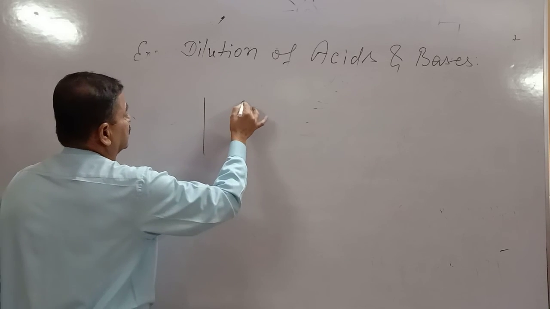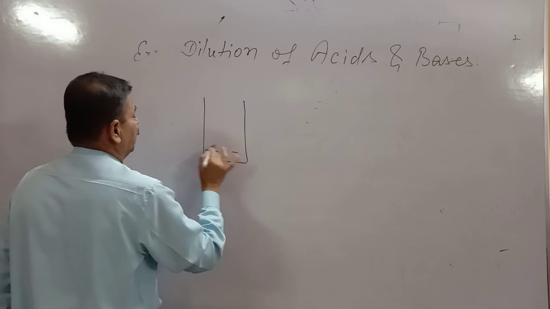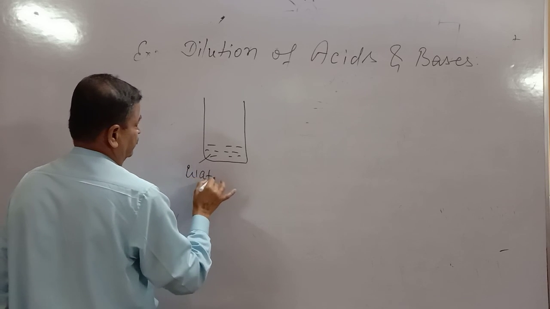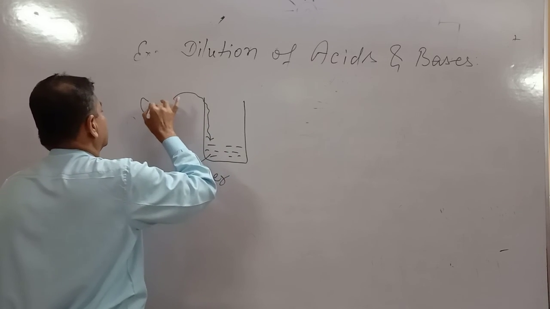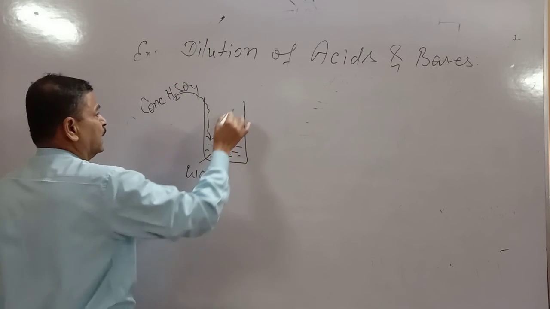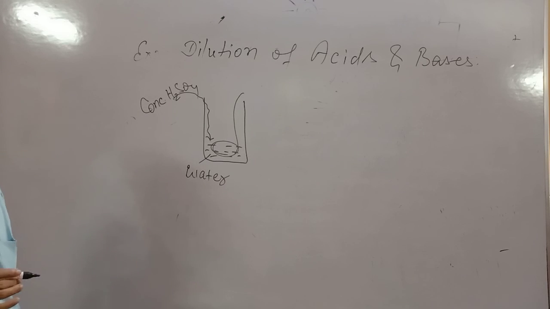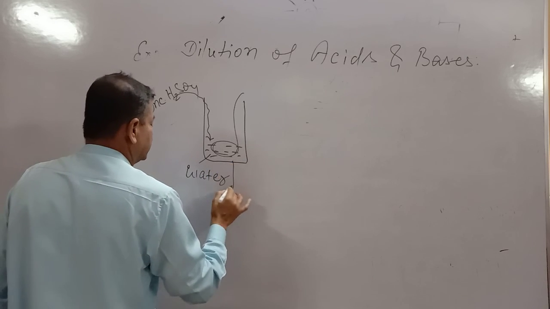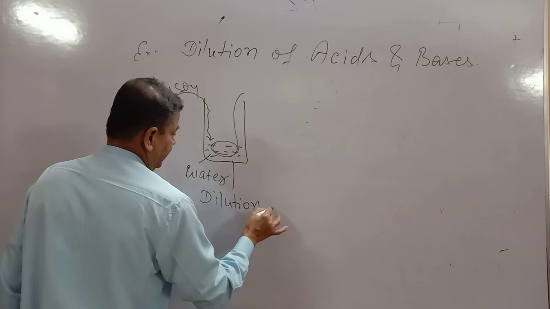We take a test tube and put some water in it, and pour sulfuric acid. The solution is stirred with a stirrer. There is no evolution of any gas. This phenomenon is called dilution of acid.